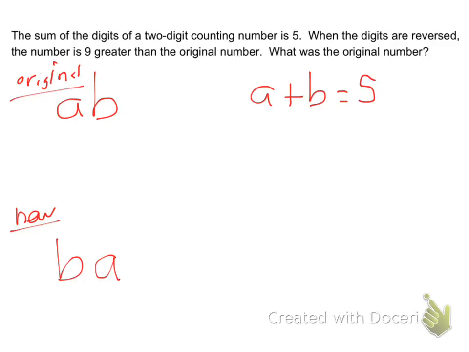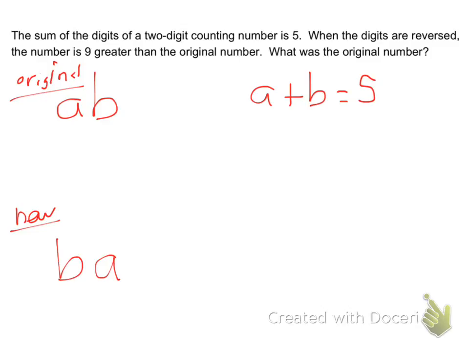We got one equation. But how many variables do we have? We have 2 variables. 1 equation. Is it enough to solve? No. The rule was the amount of variables you have, you need to have at least that many equations. So what's the other connection?